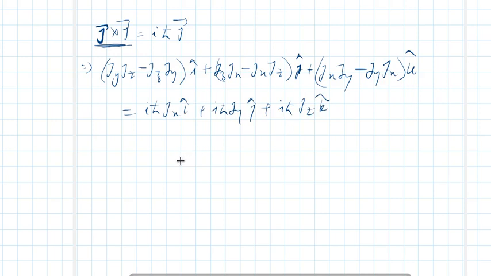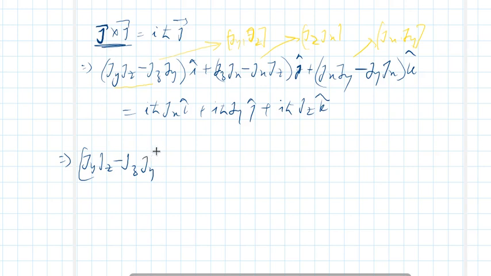So if I equate the corresponding components, these parts are basically the commutators: Jy and Jz, Jz and Jx, and Jx and Jy. Equating the corresponding ith, jth and kth components, I can write Jy Jz minus Jz Jy, which is the commutator of Jy and Jz, equal to iota h cross Jx.